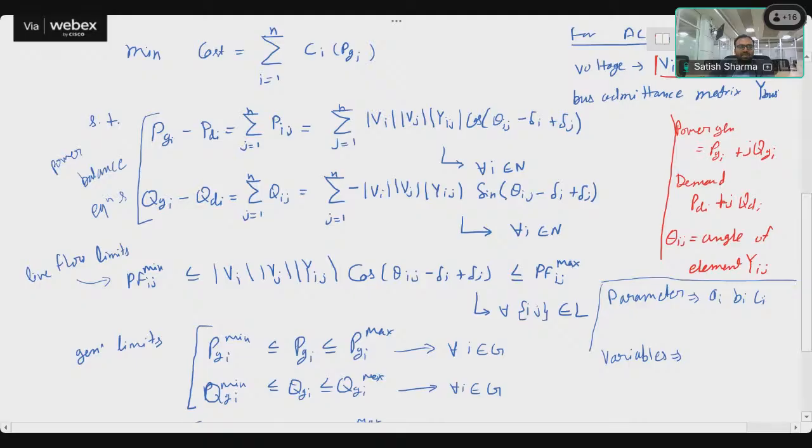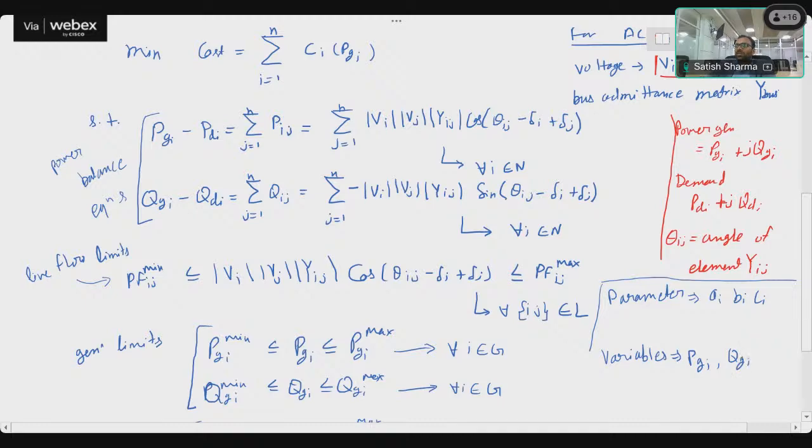Then if we move to the second equation, which is the active power balance equation, we can see PG. Since we are doing optimal power flow, PGi and QGi will be variables.